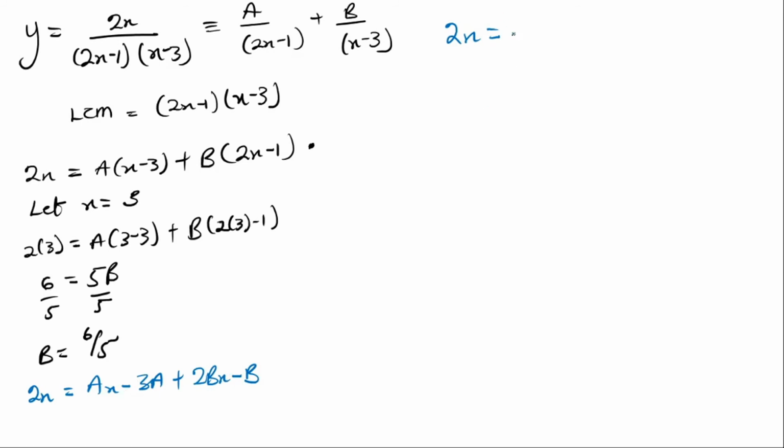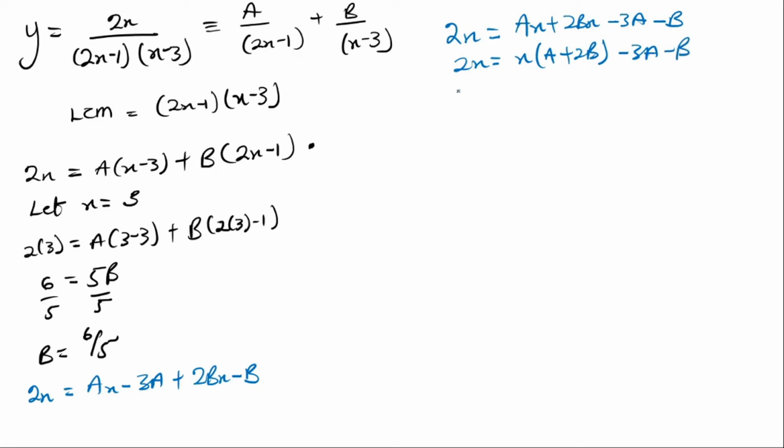So we have ax, then plus 2bx, then minus 3a minus b. So 2x is equal to, if we factor out the x, x(a plus 2b), then minus 3a minus b.